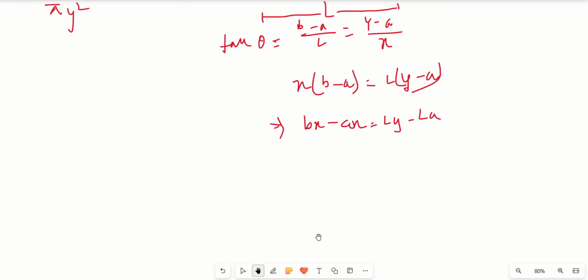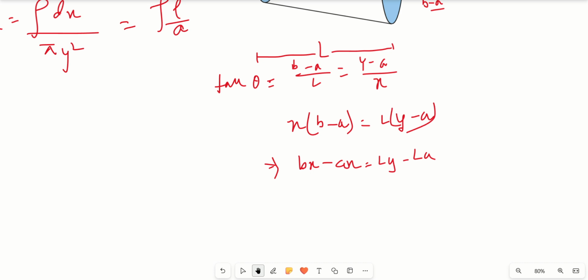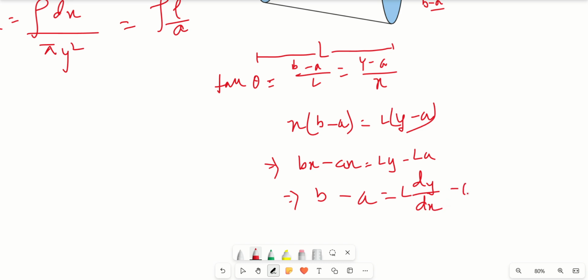Now what we have to do is differentiate this with respect to y. So we will get b minus a equals L dy by dx minus 0.